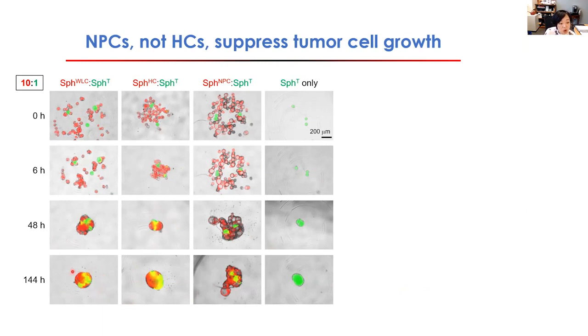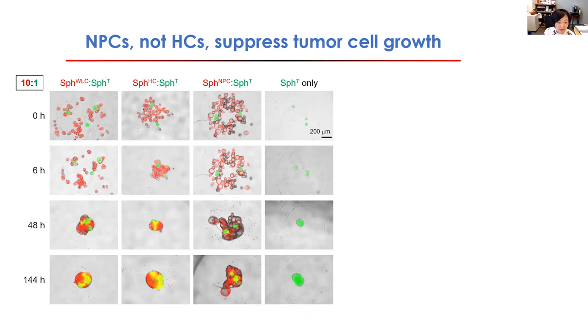For those co-cultured with WLC spheroids, the expansion rate was slightly lower compared to the hepatocyte co-culture condition. And for those co-cultured with NPC spheroids, they barely changed in terms of their GFP positive area.